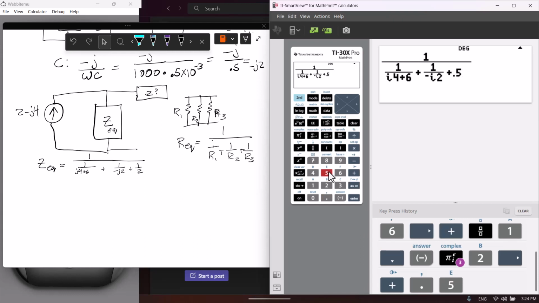If I put any decimal in there, it'll give me my answer in terms of a decimal instead of a fraction, which is often helpful.